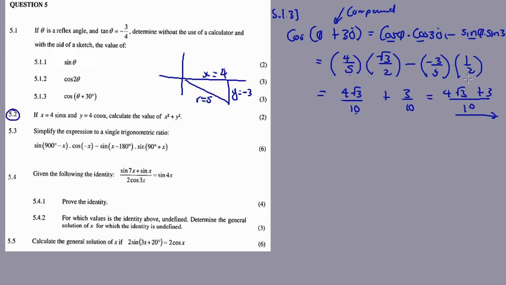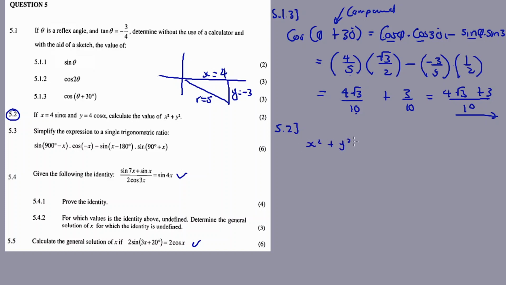Now 5.2 is just a substitution question. They give you x and y, but you calculate x squared plus y squared.